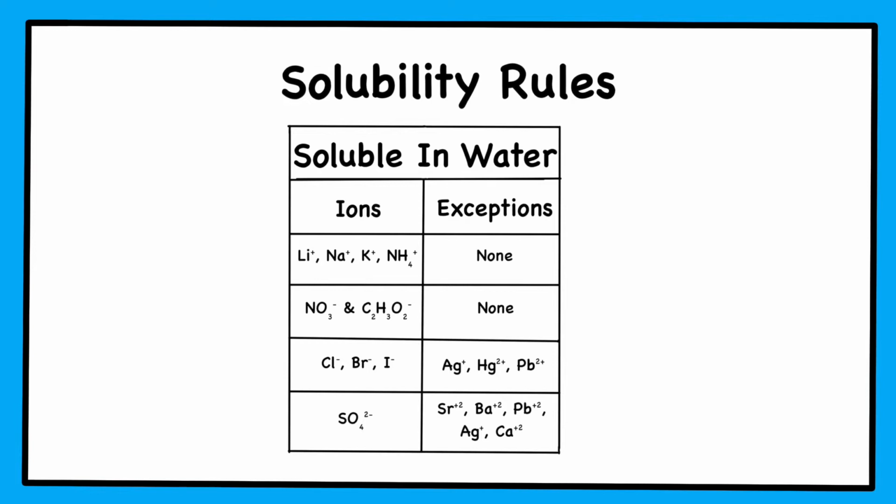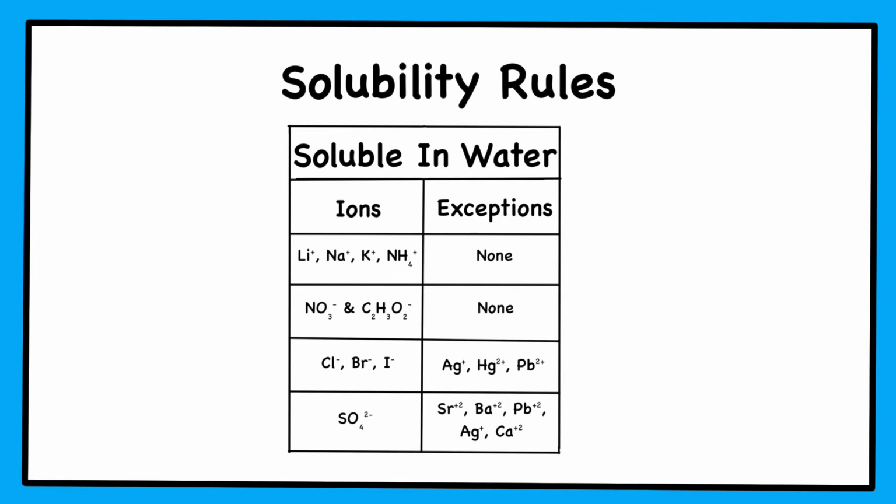Our first group of compounds are compounds containing the following ions that are soluble in water. If they contain the cations of lithium plus, sodium plus, potassium plus, or ammonium plus ions, then they will dissolve in water with no exceptions. If a compound contains either a nitrate anion or an acetate anion, they will also dissolve in water with no exceptions.